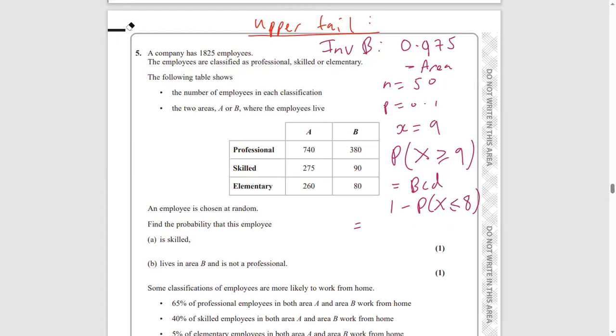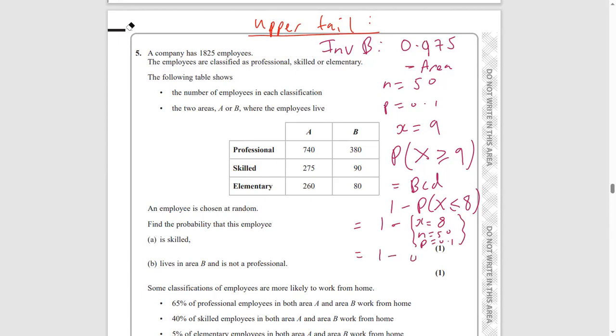So we go to binomial CD, 1 take away, and then you want your x value to be 8, n to be 50, p to be 0.1. I'll put brackets around that. Let's see what number we get. So x 8, n 50, 0.1. We get this here.